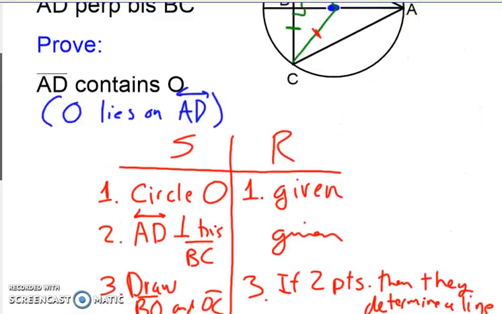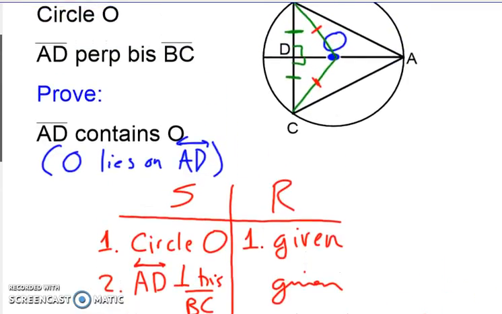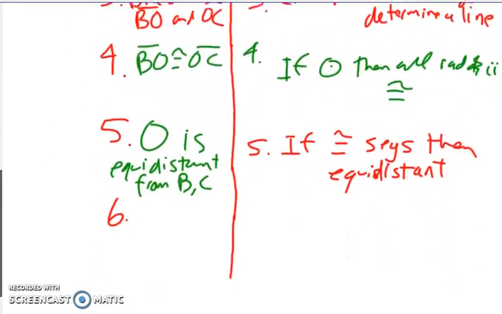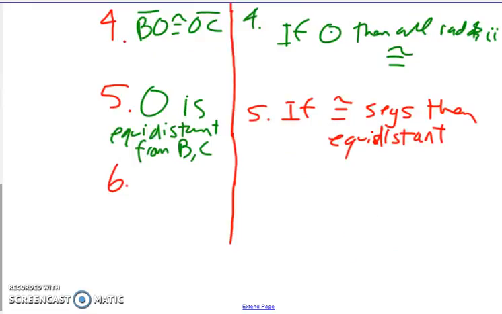And now we've shown that O is equidistant from the endpoints of a perpendicular bisector. So using this converse theorem we now have, we can say that AD contains O. And the reason is this new reason.